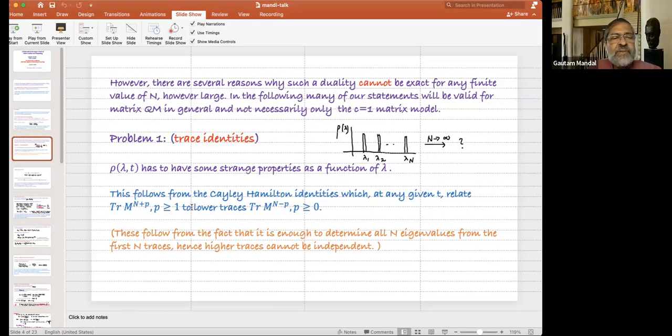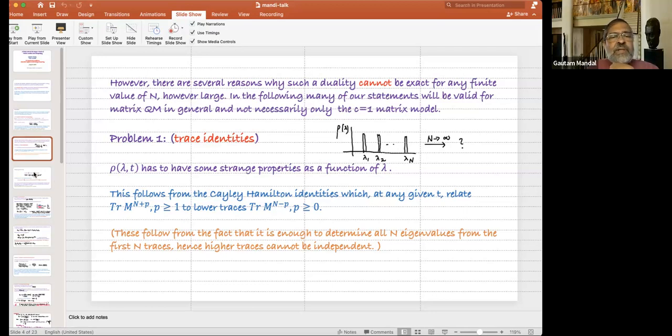They are related to lower traces with the powers going up to N. This simply follows from the fact that it is enough to determine all N eigenvalues from the first N traces, hence higher traces cannot be independent.